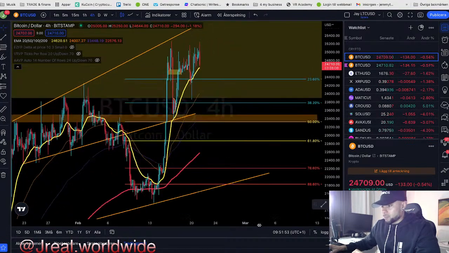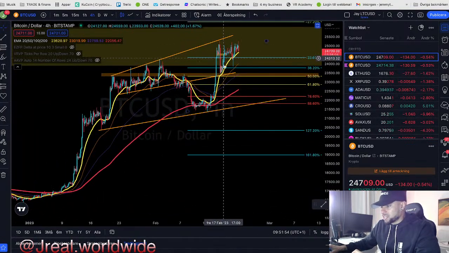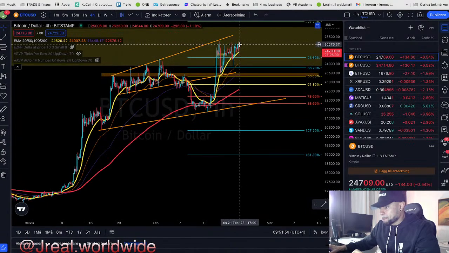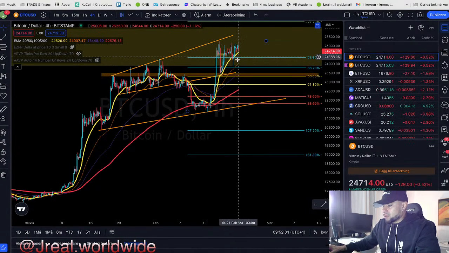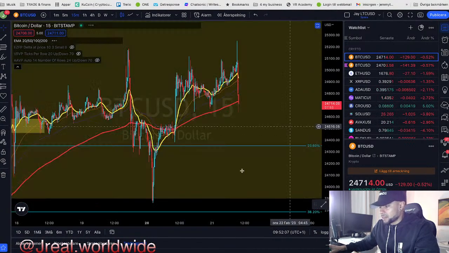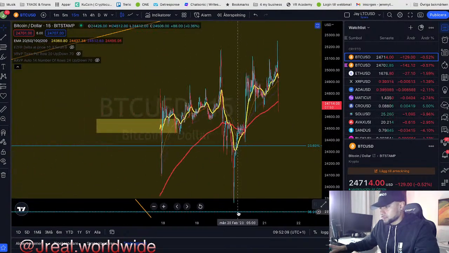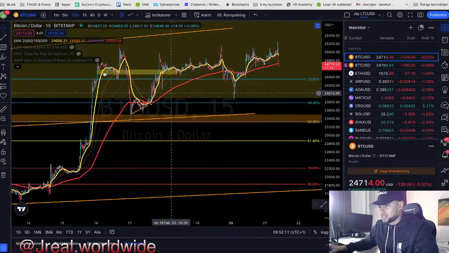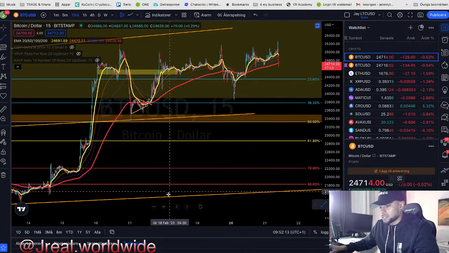Well, what I see from that is we had this retrace, came down to the sweet spot, picked up some liquidity, moved up again, and we're moving upwards. Let's go to a smaller time frame. We have formed some type of structure here actually. Look at this.